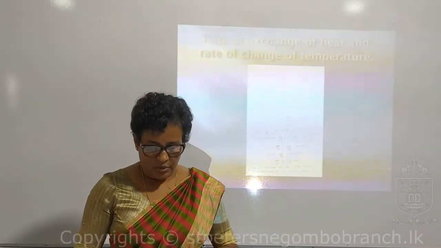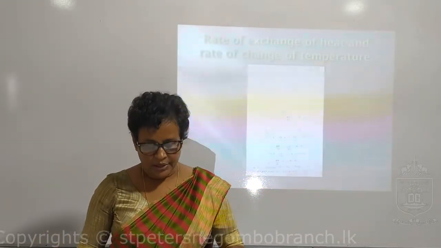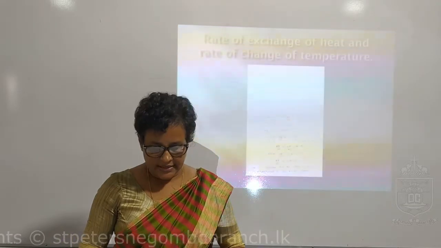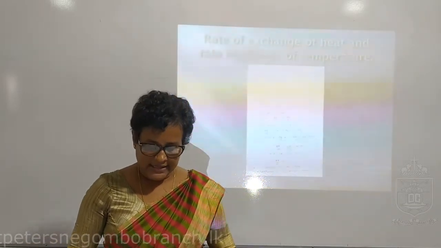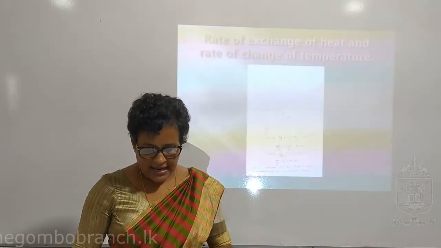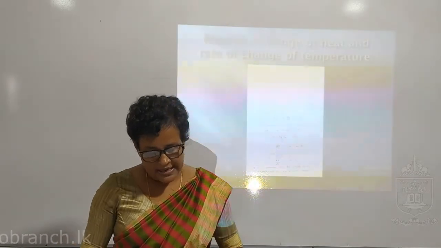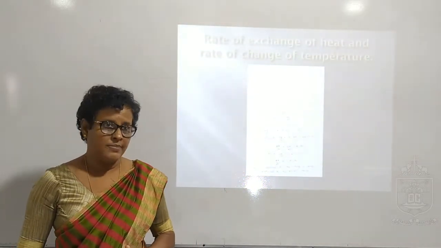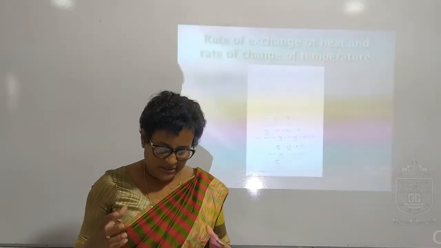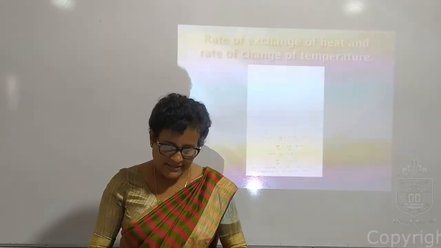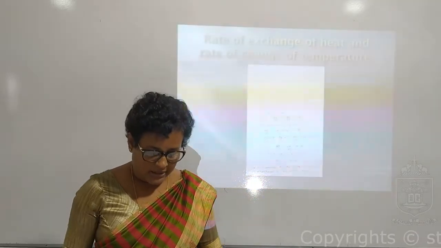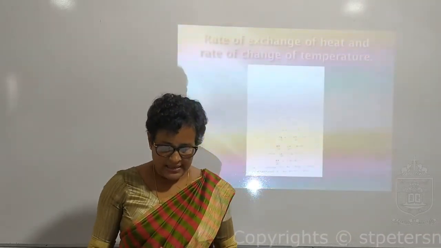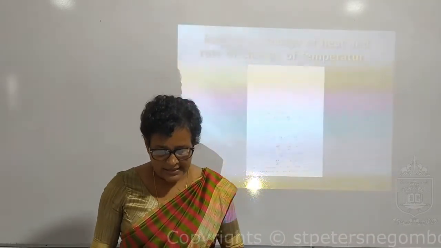From A and B, you can write delta Q over delta t equals m c delta theta over delta t equals k a (theta minus theta R). That is, delta theta over delta t equals k a divided by m c times (theta minus theta R). So, k a and m c are constants. So, if you are taking it out, you can write delta theta divided by delta t.